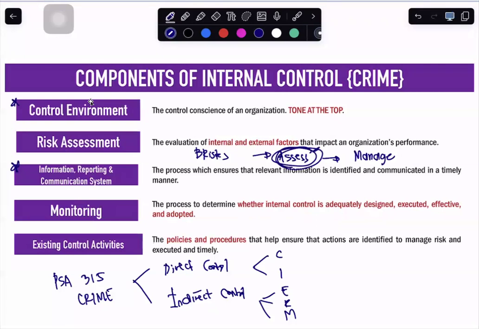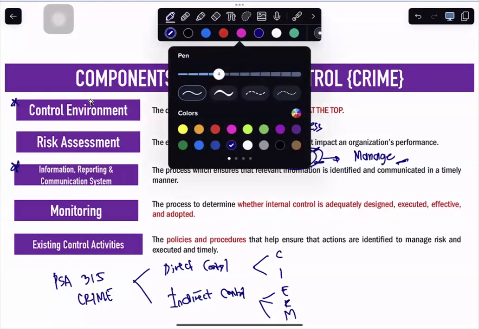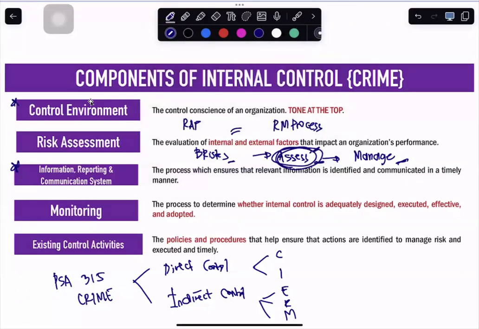On your risk management process, we again first identify risk, then we assess and then manage. Ultimately, we call this your risk assessment process. Sometimes we also call it your risk management process. So we look into your internal and external factors, we assess the likelihood of those, and then we try to manage those risks.